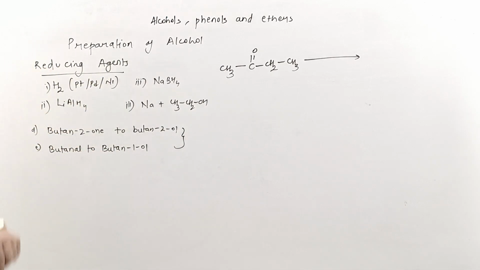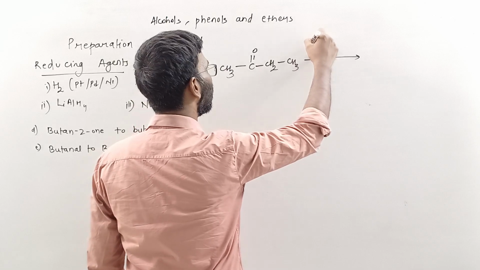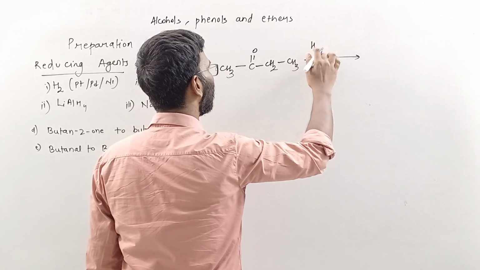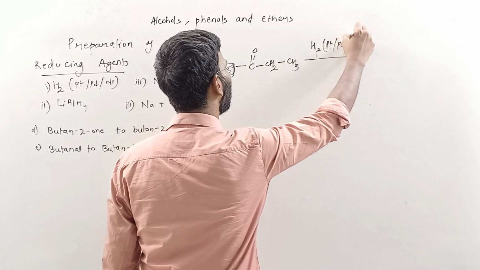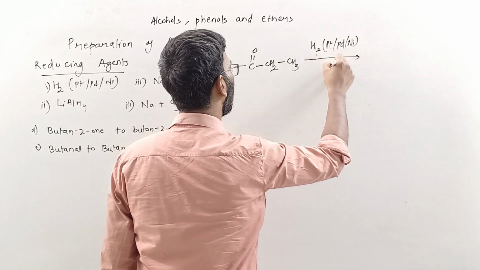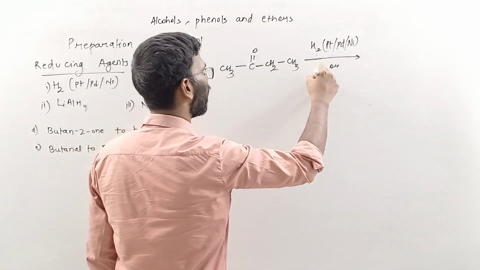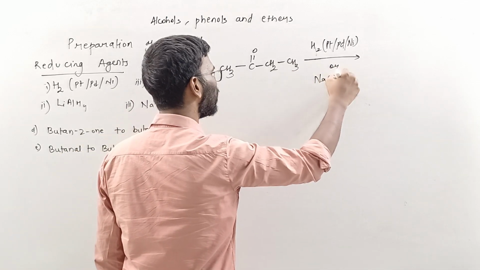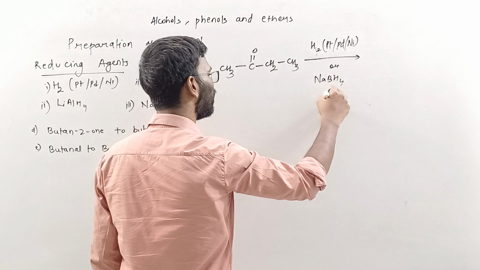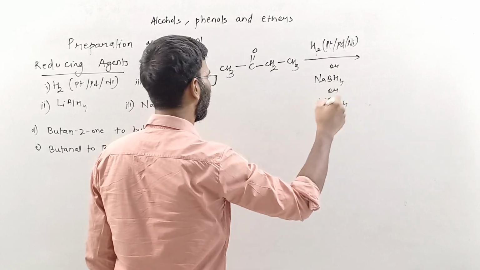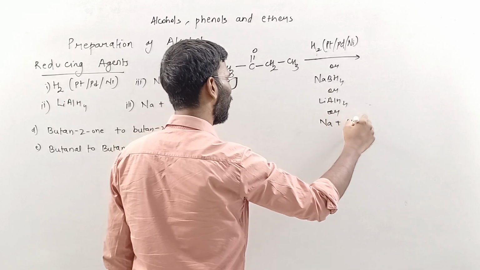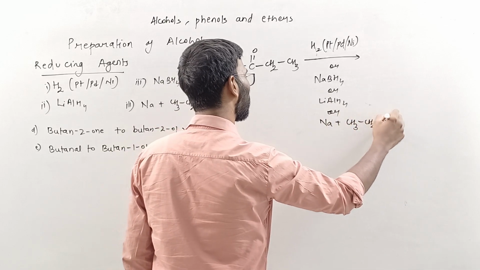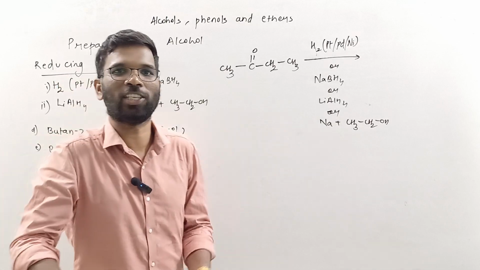You can use any of these. You use hydrogen gas in the presence of platinum or palladium or nickel, or NaBH4, or lithium aluminium hydride, or sodium and ethanol. Use any of these; it is a win-win situation for you.